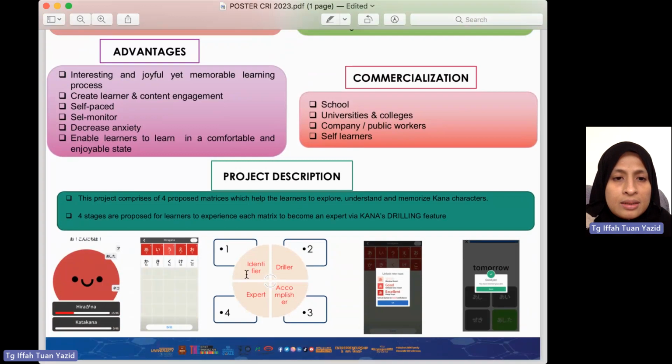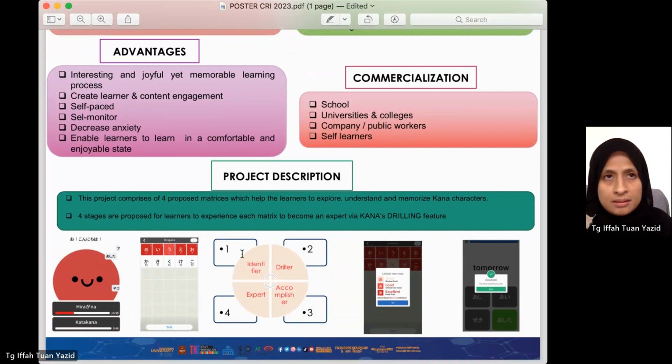The first stage is called the identifier, where instructors identify the learners based on the output given by the learner. After the identifier, it moves to the driller, where learners start to drill themselves using the features offered in the apps.